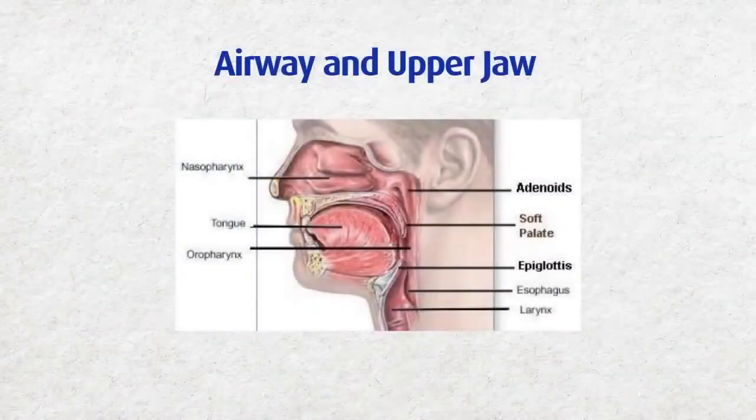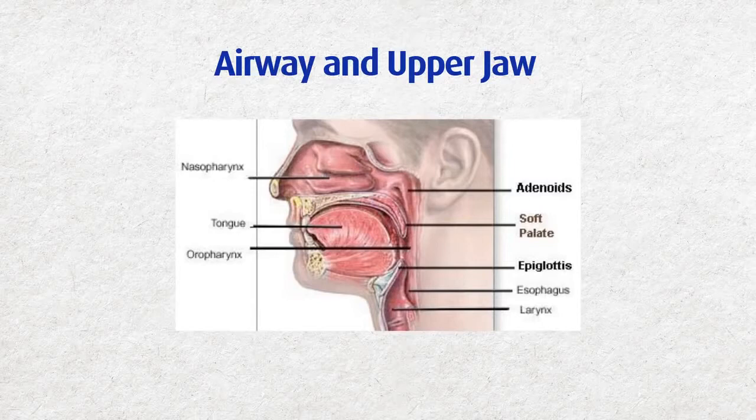When the top jaw doesn't grow adequately, it doesn't grow forwards, and so the whole upper jaw is set back within the cranium, within the head. Now imagine where air goes when you breathe. Air goes through your nose and down the nasopharynx. Here's your upper jaw.